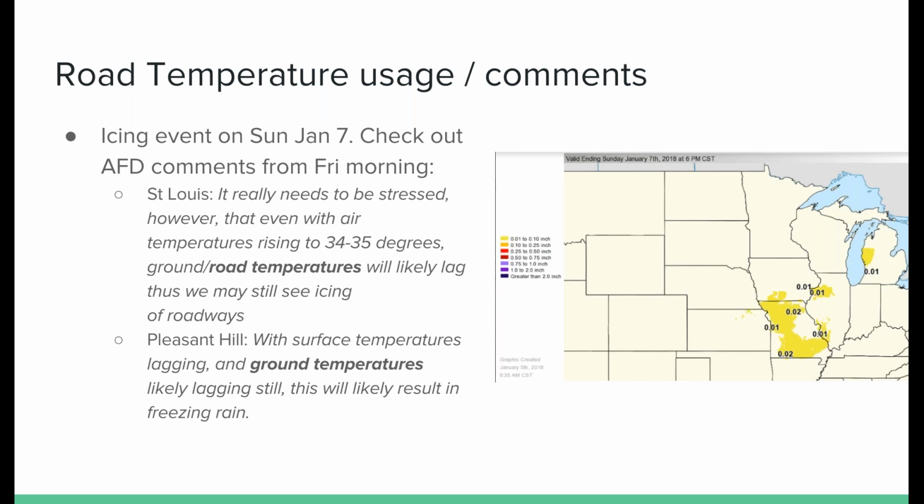But this event also had a situation where rain was going to fall and road temps were lagging, resulting in potential icing on roadways. A couple of forecast discussions noted that. And even me personally, I remember that morning, before I headed out to the airport, it was raining at like 34, 35, and my sidewalks and my driveway were all iced up, just because they were so cold leading into it.